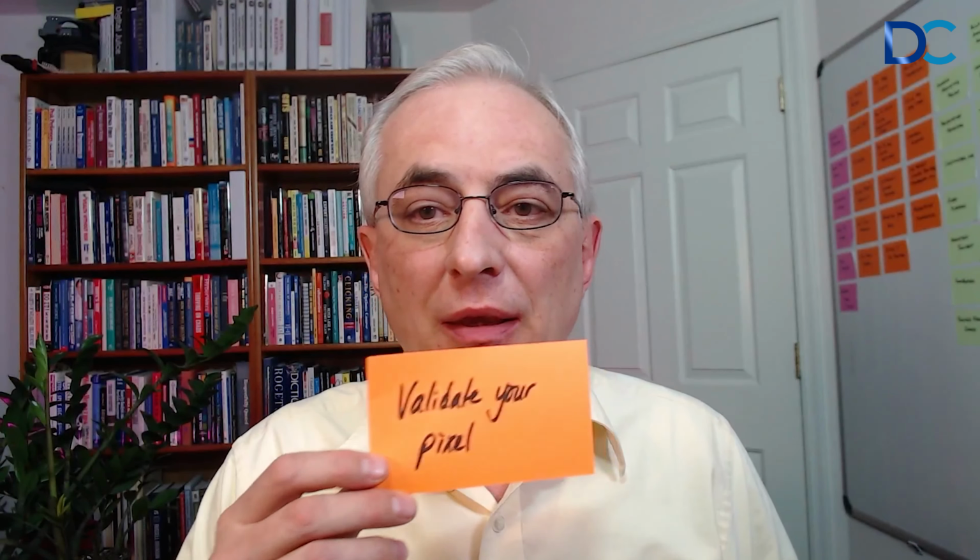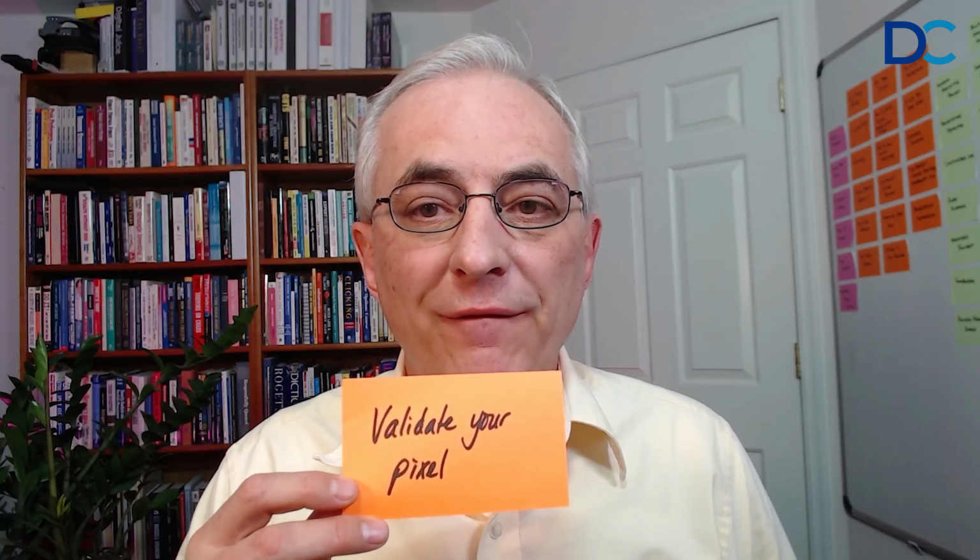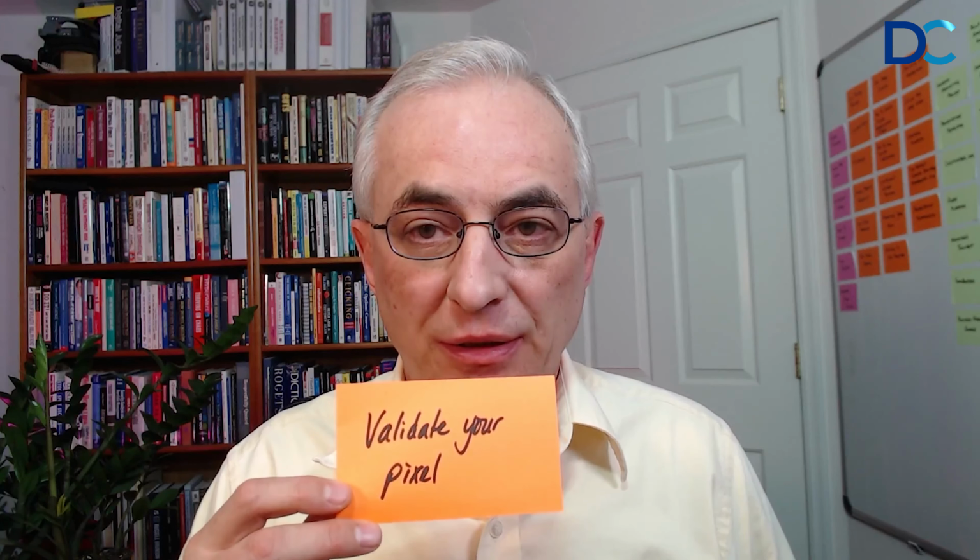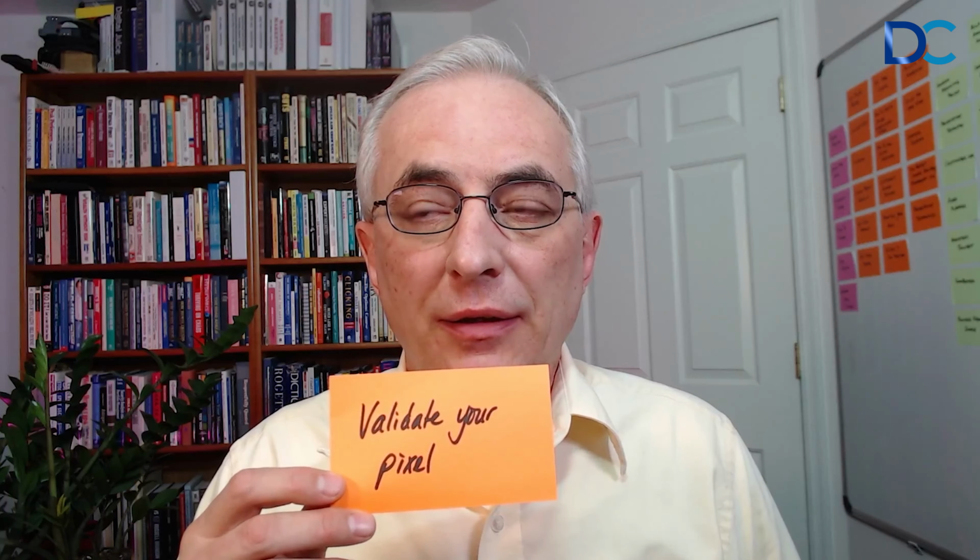So, first one, there's a thing called a pixel. You need to do what's called validating your pixel. Now, it's different based on whether you're on Facebook or Pinterest or YouTube or Google. Well, YouTube and Google is the same, but it's different.